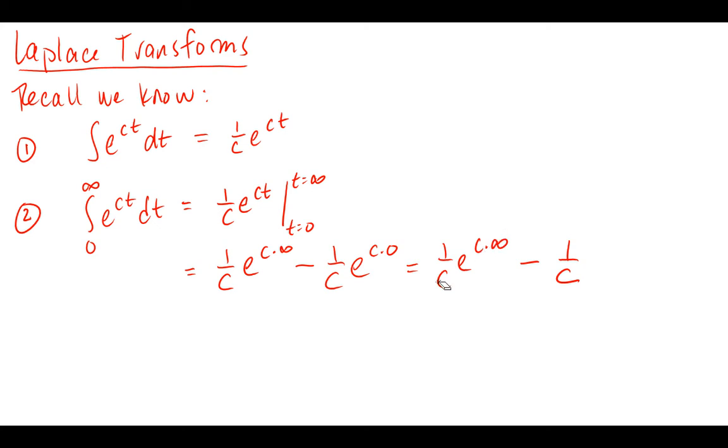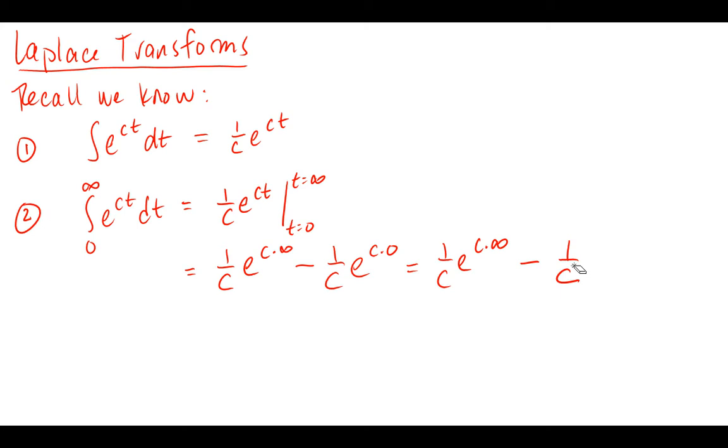Oh, and I should say, if c is 0, we're already dead, because I can't divide by 0. So if c is positive, I'm in trouble. This is infinity. If c is 0, that would be 1, but this would be 1 over 0, which is infinity. Okay, so I got infinity. I got an infinity minus infinity, but let's not deal with that.